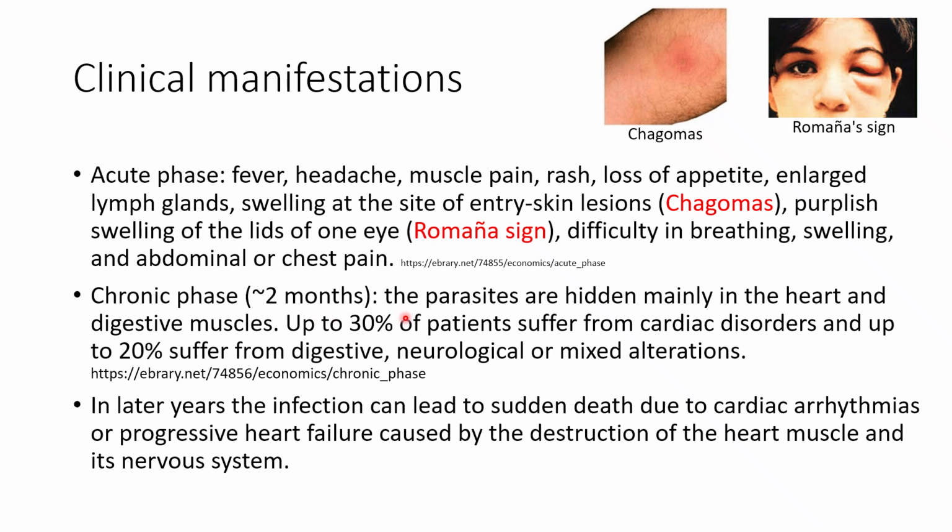The parasites are usually hidden mainly in the heart and the digestive muscles. 30% of these patients suffer from cardiac disorders, and 20% suffer from digestive, neurological, and mixed alterations. In the later years of infection, it can also lead to sudden death due to cardiac arrhythmias or progressive heart failure caused by destruction of the heart muscle and also the nervous system.